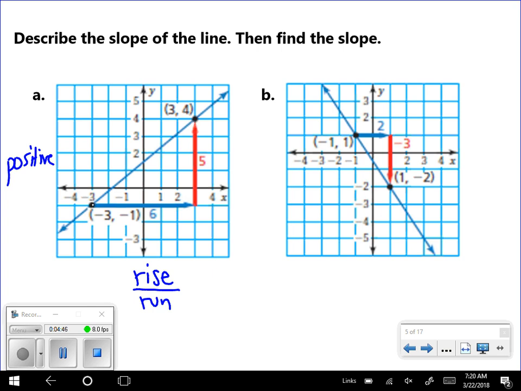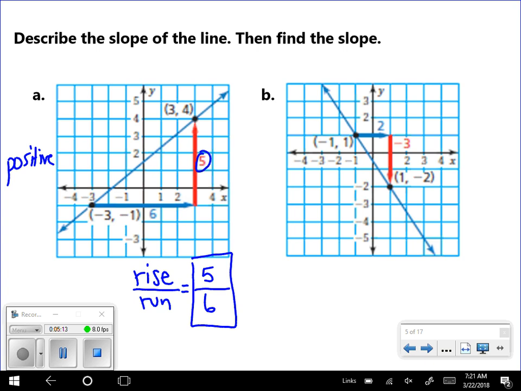So my rise is going to be 1, 2, 3, 4, 5. I even wrote it over here. So that's 5. And then how much did I run? From this point to this point, how much did I move over? 1, 2, 3, 4, 5, 6. So my slope is a positive 5/6.